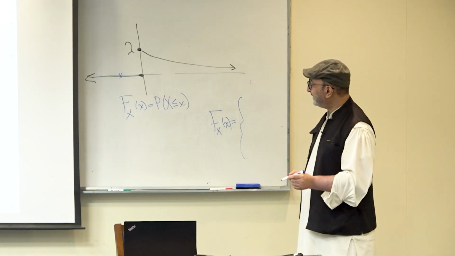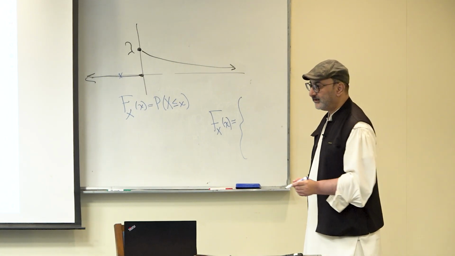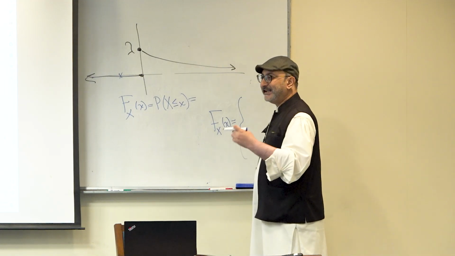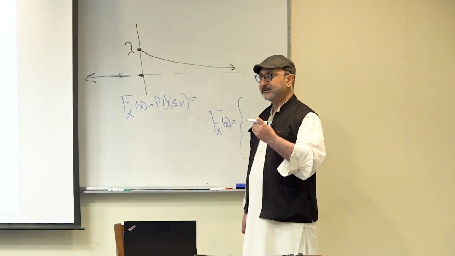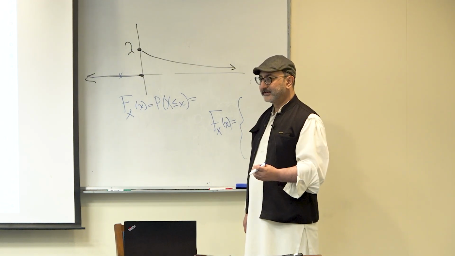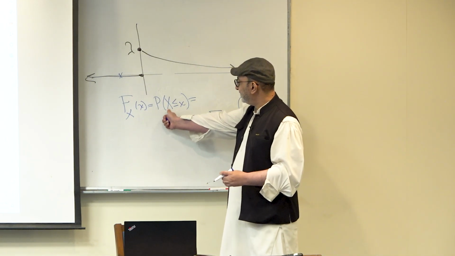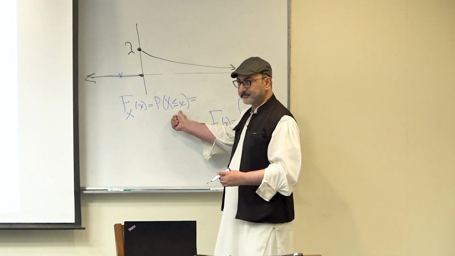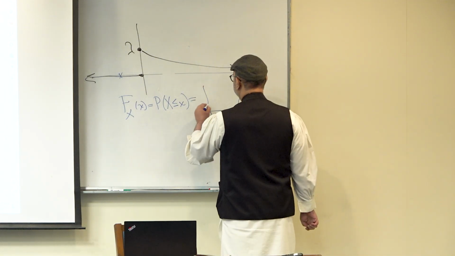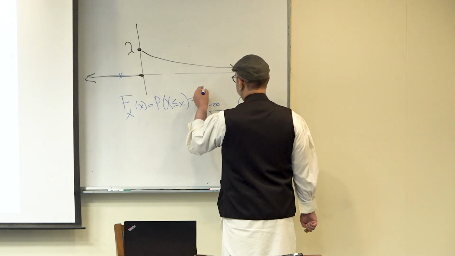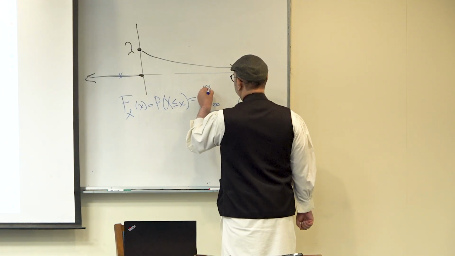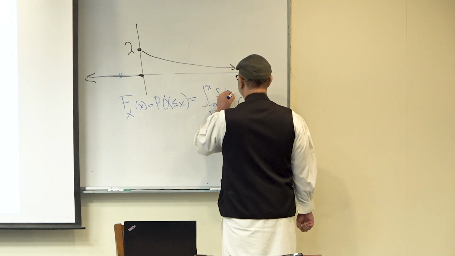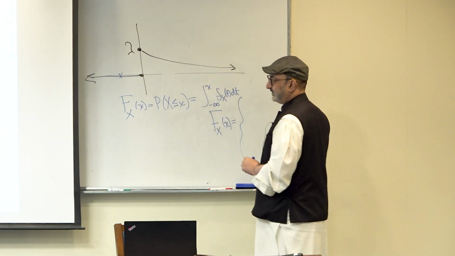So what's the probability of that? Well, we find probabilities by integrating the PDF, right? Here the interval is from minus infinity to small x. So we have to integrate from minus infinity to small x, f sub x of t dt.